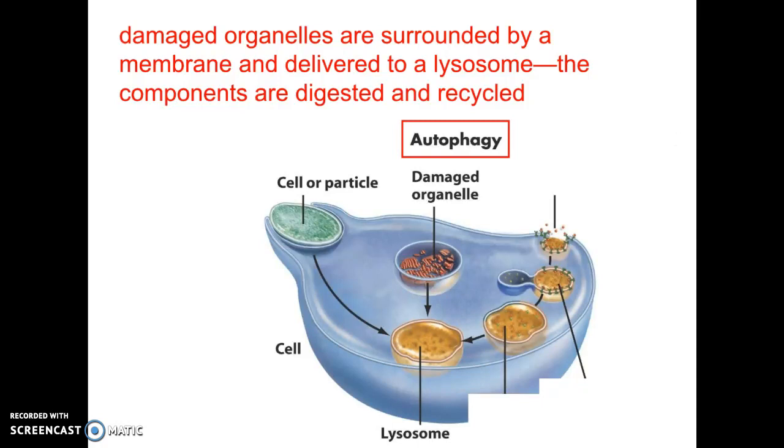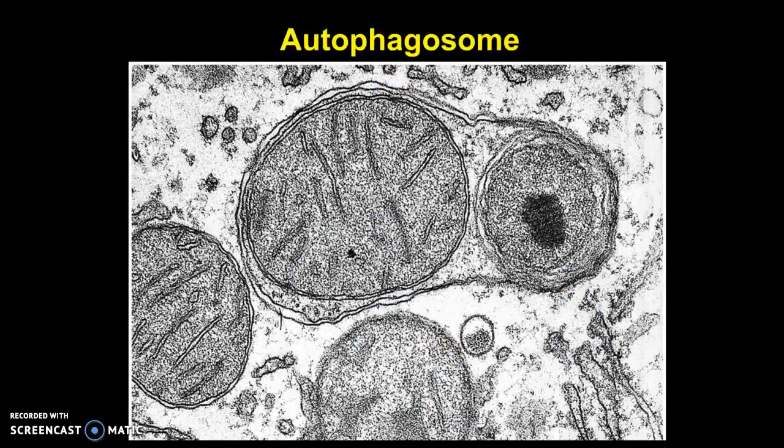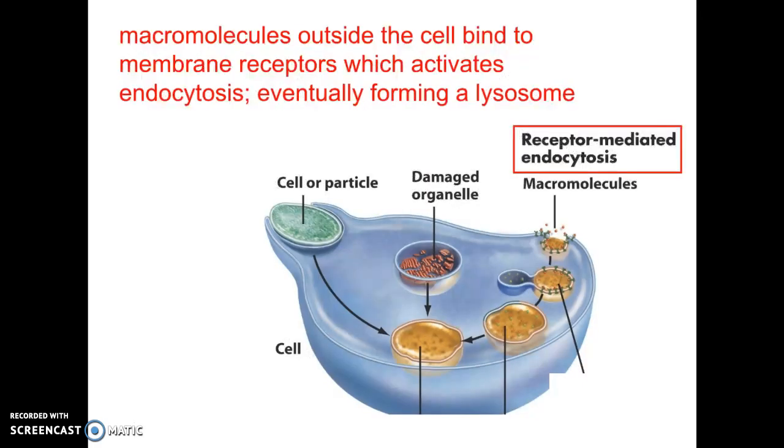And so autophagy is something that many people haven't heard of before, but here we've got a picture of an autophagosome, and inside of the autophagosome on the left is a mitochondria, and on the right is a peroxisome, and both of them are inside of this autophagosome, and so they have been targeted for destruction by a lysosome.